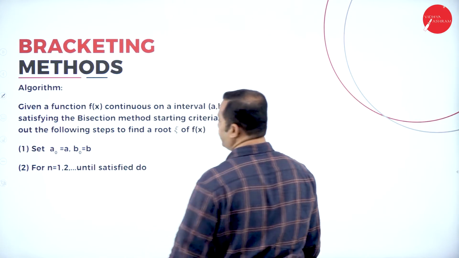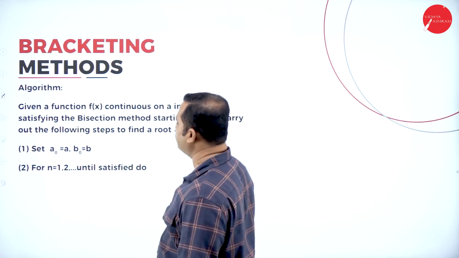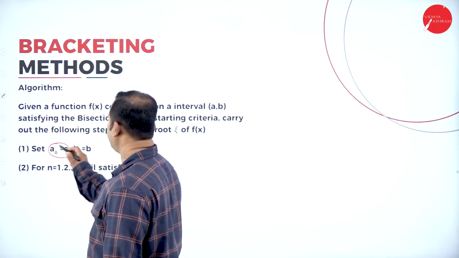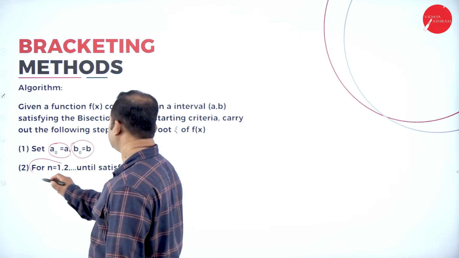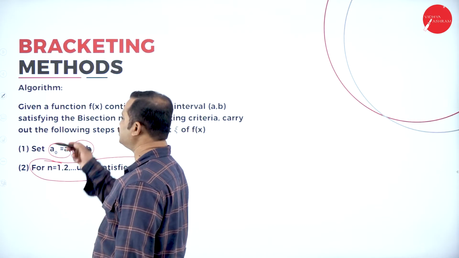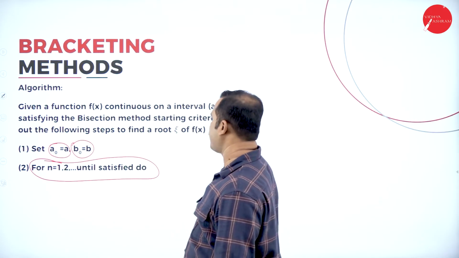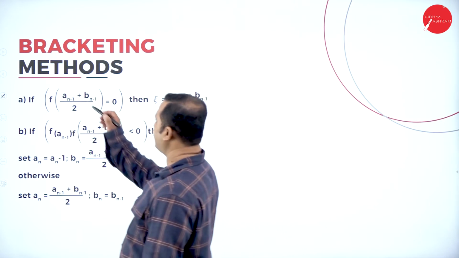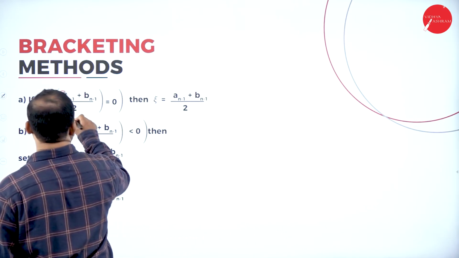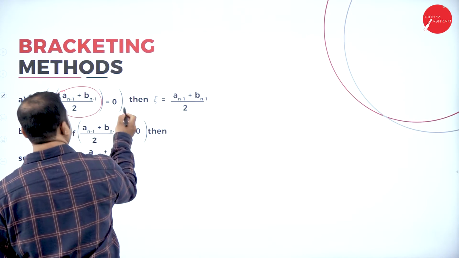The same thing is already explained, that is the algorithm like this: a naught equal to a and b naught equal to b. Some values are assigned to it. Until the condition is satisfied, we do the operations iteratively. That is the algorithm. So we have an algorithm like this: f of a n minus 1 plus b n minus 1 divided by 2.